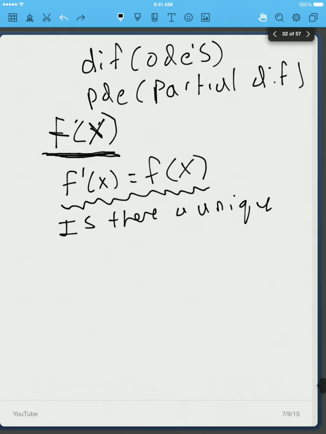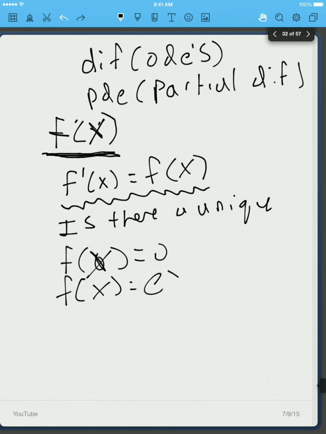So if I just look at this, I could say f of x equals 0, or f of x equals e to the x, because the derivative of 0 is 0, and the derivative of e to the x is e to the x. So look at that. I found two solutions to the same differential equation.